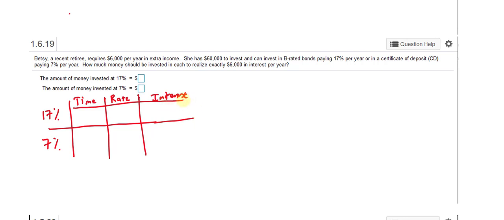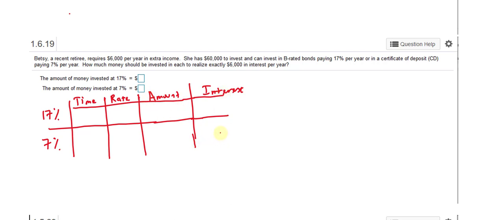Okay, so you see that, and then also, let's add one more thing here. The amount, and then the interest. Okay, this is the table we need.